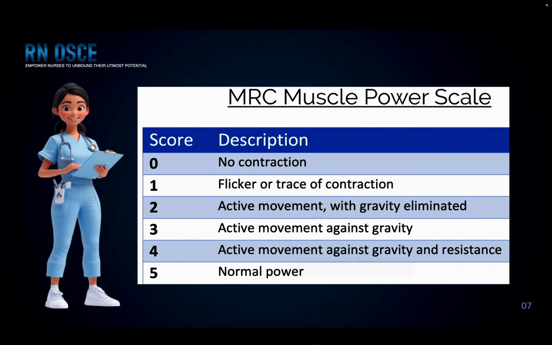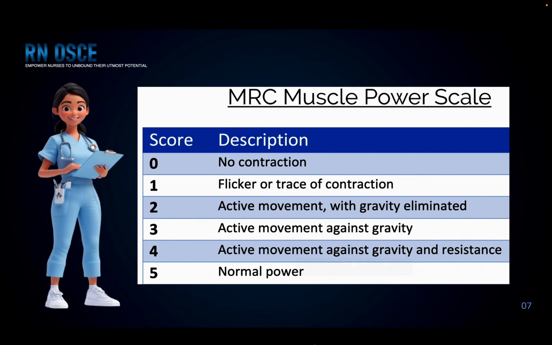When the patient can move only when gravity is removed, for example sliding the arm or leg on the table but not lifting it, then you can give 2 score.